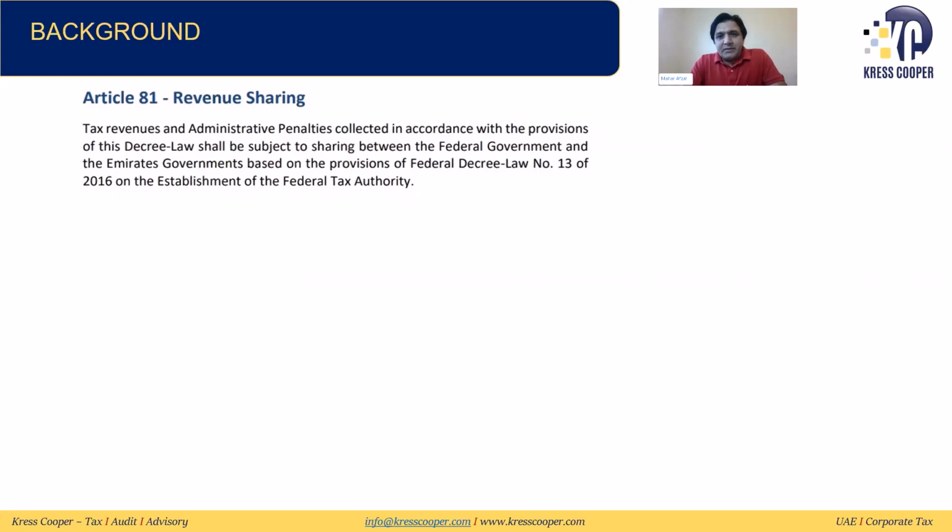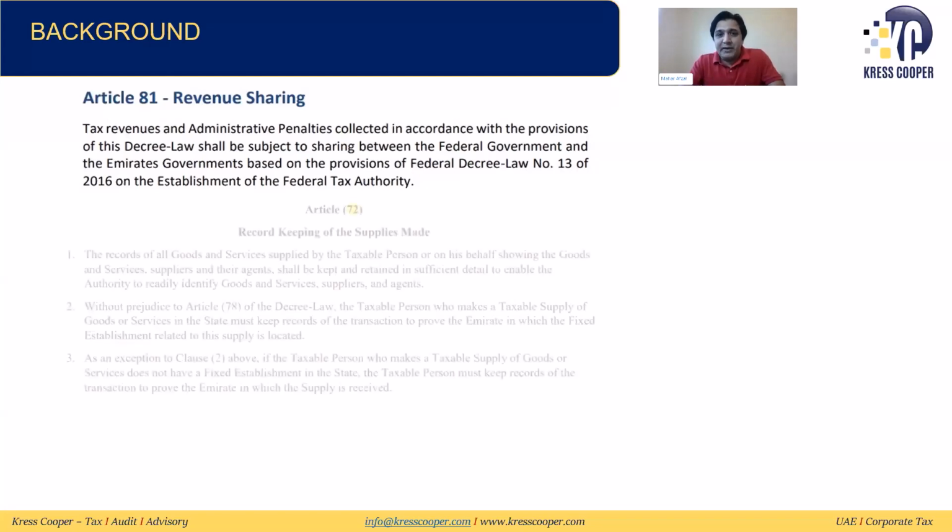Since the revenue and penalties are to be shared, we need to identify how much revenue the government will be sharing. This is the basis for setting up Emirates-wise reporting, and I believe this is the reason behind it.